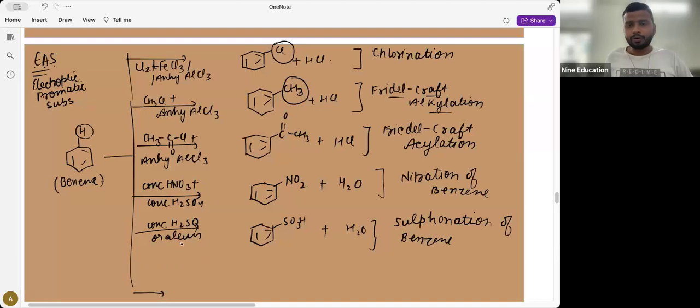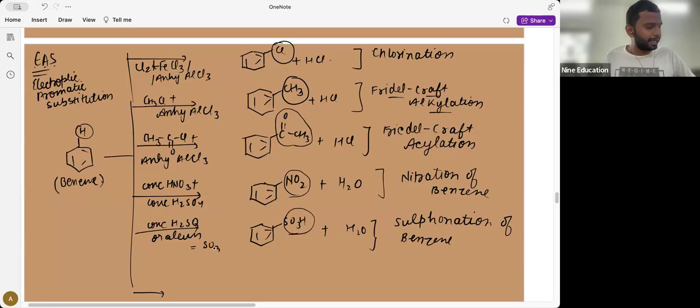So these all reactions are electrophilic aromatic substitution of benzene. What we have substituted? These are electrophiles.